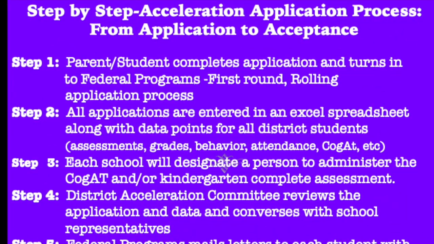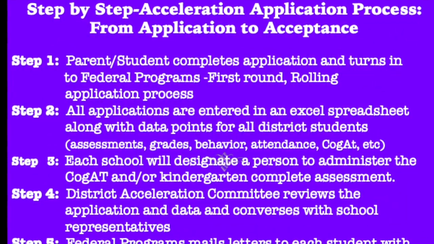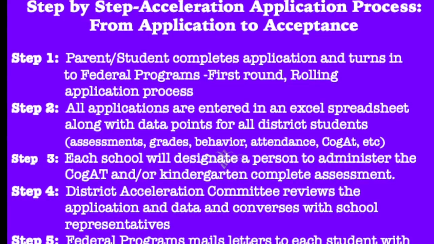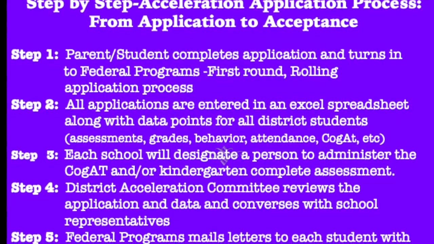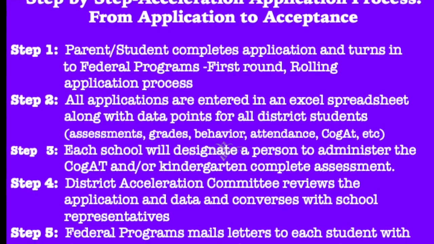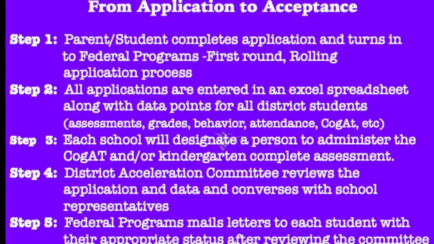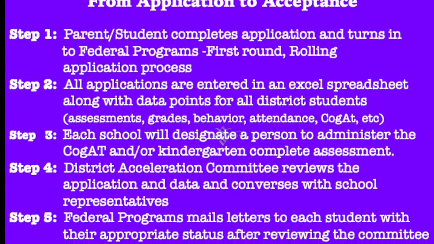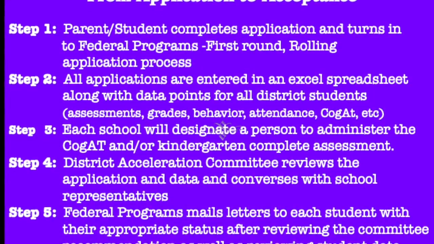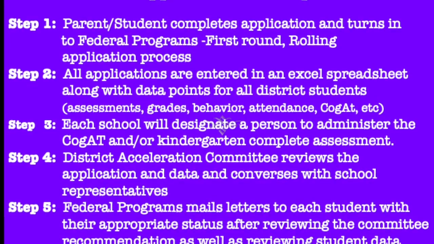Okay, I'm going to share with you a step-by-step process from application to acceptance. Step 1, the parents and students complete the application and turn it into federal programs. Step 2, the applications are entered in an Excel spreadsheet along with data points for all the district students.